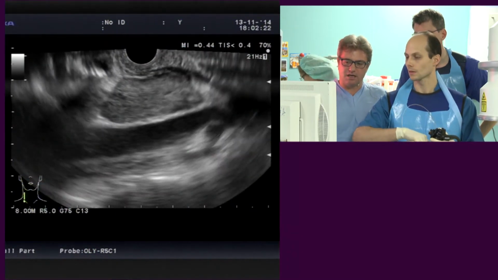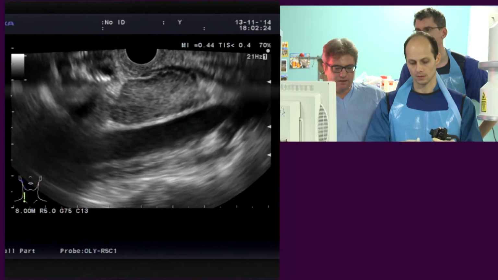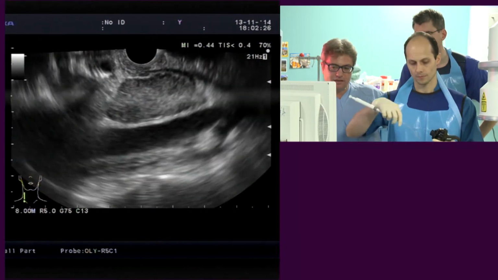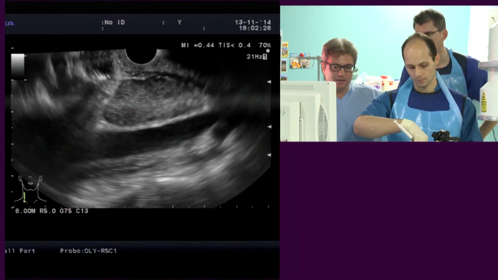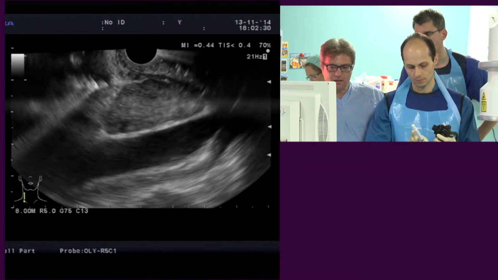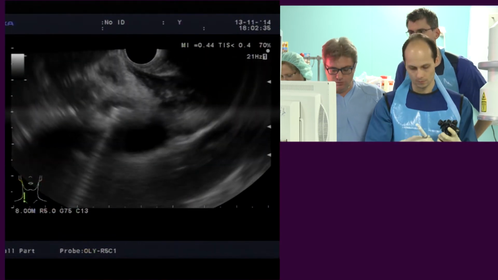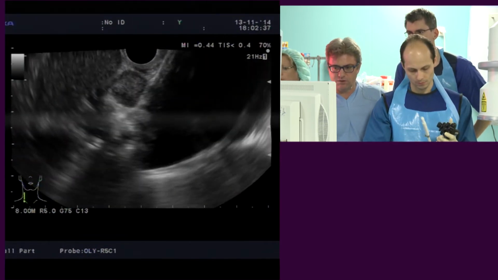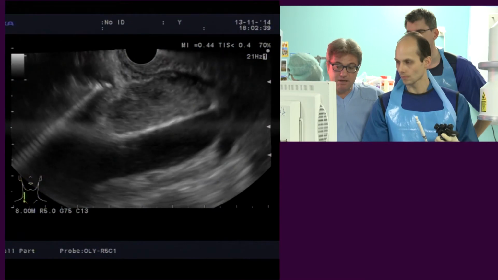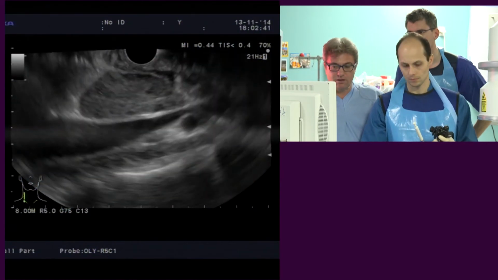There's no central hyperechoic tissue, which usually indicates the lymph node is benign. It is basically fat tissue at the center of the lymph node. So this might also be an inflammatory lymph node.